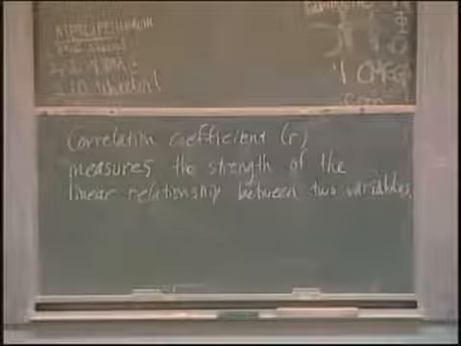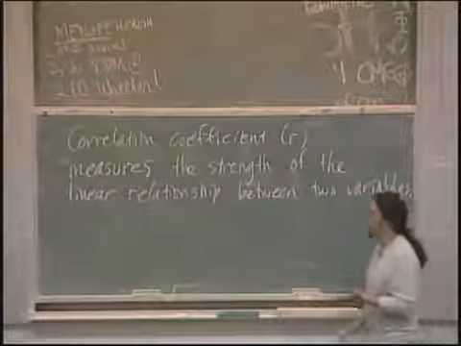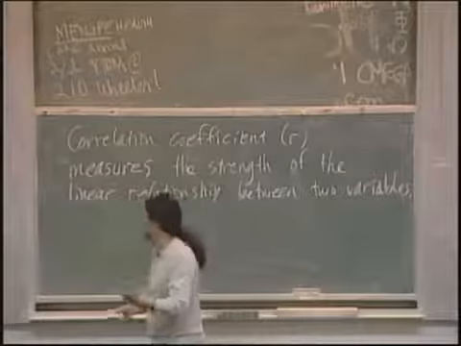Okay, so that's, like I said, a slightly technical definition. A little bit more intuitively, you might think of this as measuring how close the points are to a line.